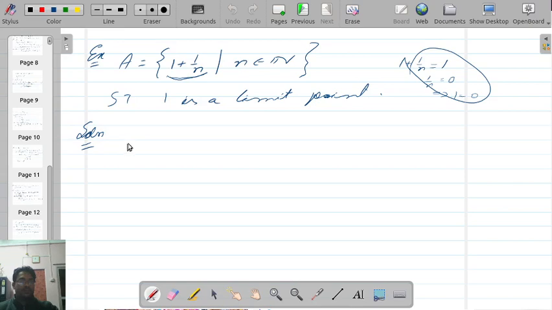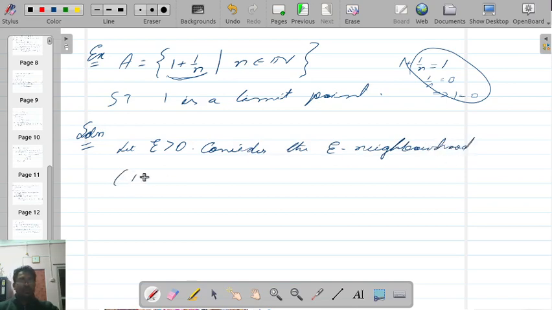We'll take an epsilon neighborhood. Let epsilon be greater than 0. Here also we will use the Archimedean property. Consider the epsilon neighborhood 1 minus epsilon to 1 plus epsilon.